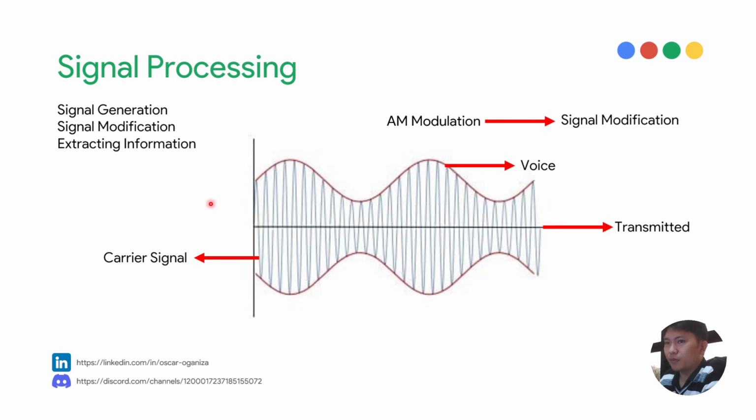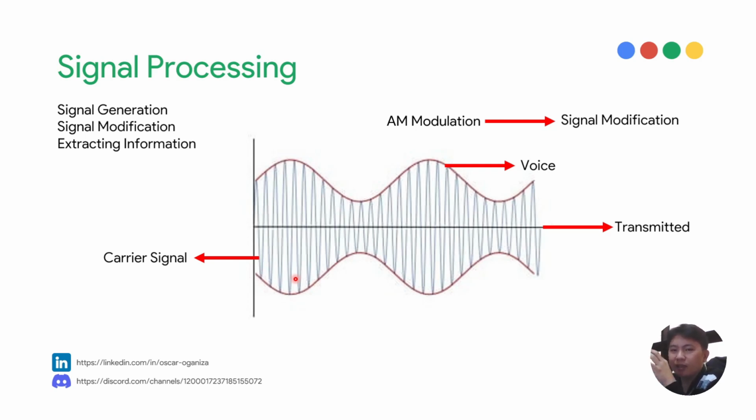For example, on a cellphone or telephone, when I speak, a signal is generated, and as it passes through the channel, the telephone wires or the towers that send the signal, it is modified so that when you receive my voice, there is no more feedback and no more noise. That's what is called modulation. You are modifying or manipulating the signal that is traveling over time.